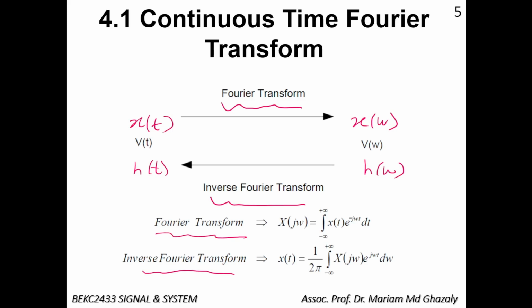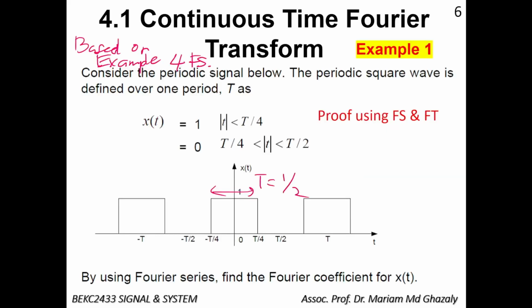And if you are given H(omega), if the question is to find the signal h in time domain, then you need to use the inverse Fourier transform, similar to Laplace. So it's interchangeable basically. To convert from frequency domain to time domain, you are going to use inverse Fourier transform.